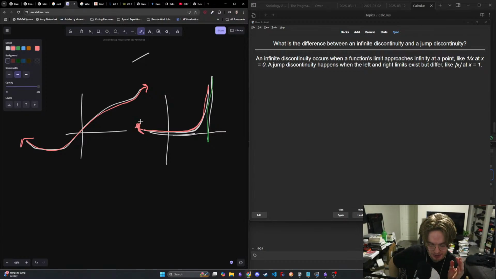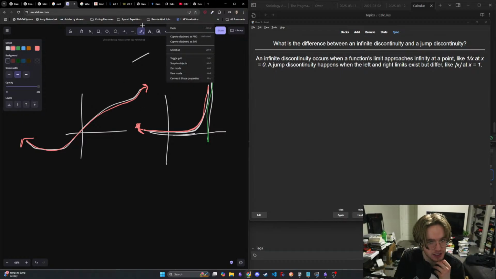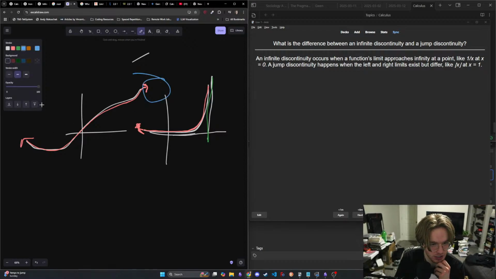So I just thought about this. For typical functions, like this portion here approaches infinity, and this portion here approaches infinity, as the inputs approach positive and negative infinity, respectively. And this one here would also approach negative infinity as my input approaches negative infinity.